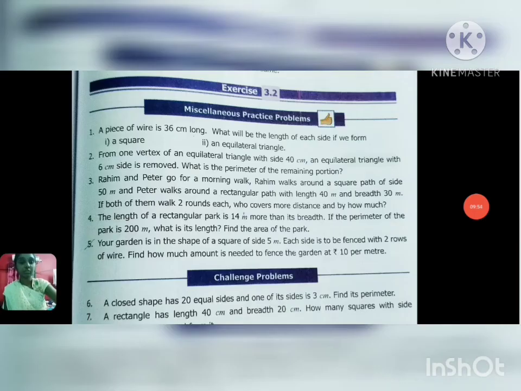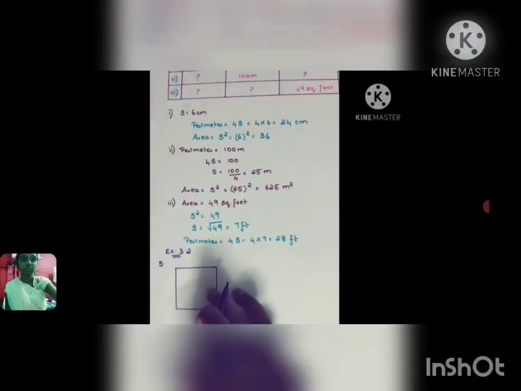So now let us move on to the fifth problem of exercise 3.2. In this problem, we are given your garden is in the shape of a square of side 5 meter. Each side is to be fenced with 2 rows of wires. Find how much amount is needed to fence the garden at rupees 10 per meter.